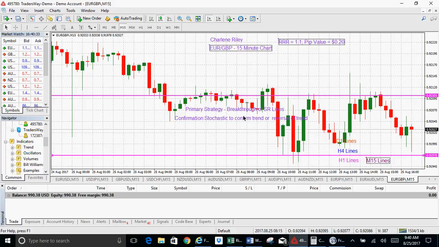And then I can also use candlestick patterns, market volume, if there's any impact from a fundamental or high impact report.